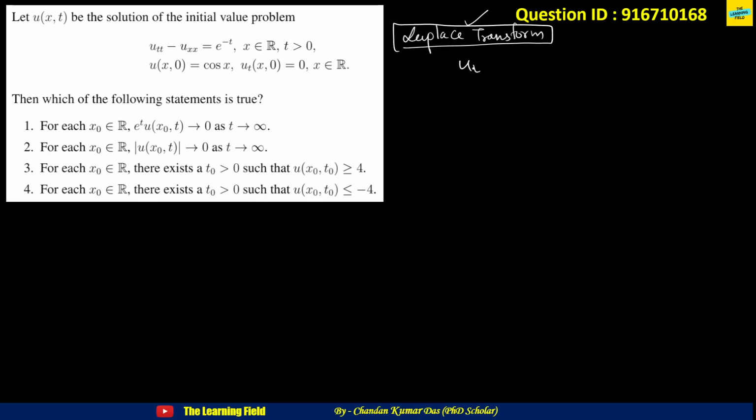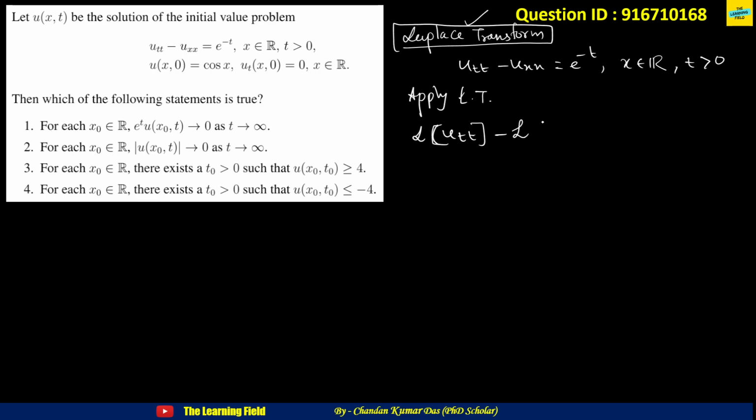What is given is that u_tt minus u_xx is equal to e to the power minus t, for x belonging to the reals and t greater than 0. Now apply the Laplace transform. We get Laplace of u_tt minus Laplace of u_xx equal to Laplace of e to the power minus t. Suppose s is the transformed variable.